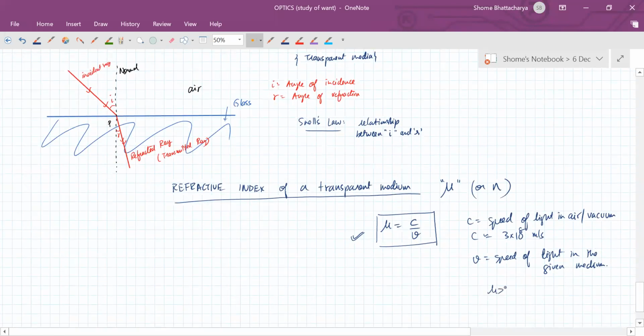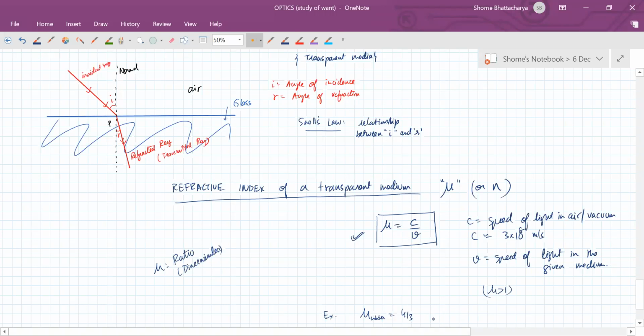Okay, mu is greater than 1 always. So for example, mu for water is 4 by 3. Remember, refractive index is dimensionless. It's a ratio, so it does not have any unit.